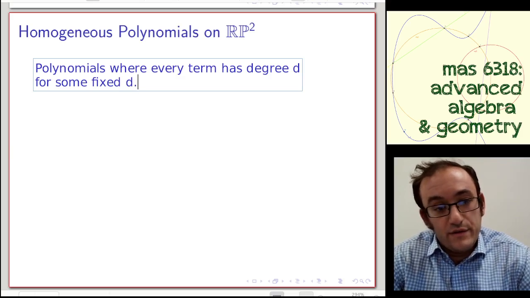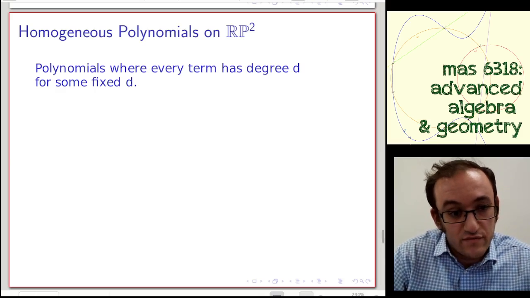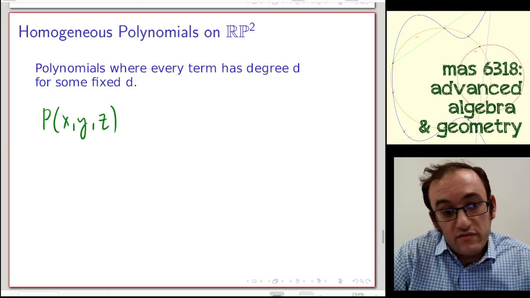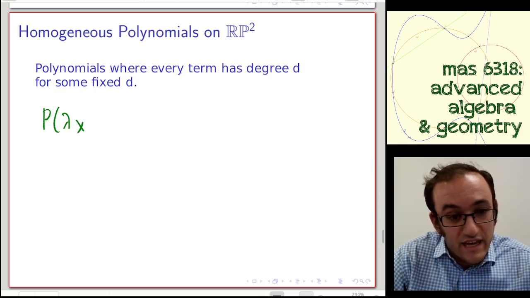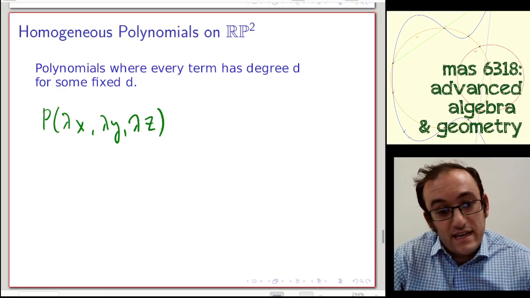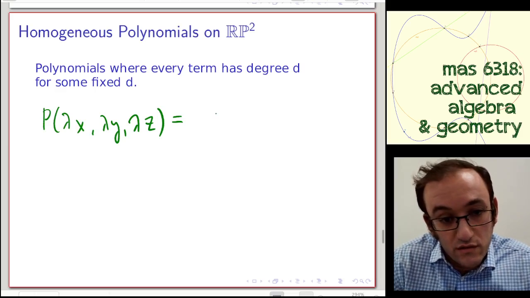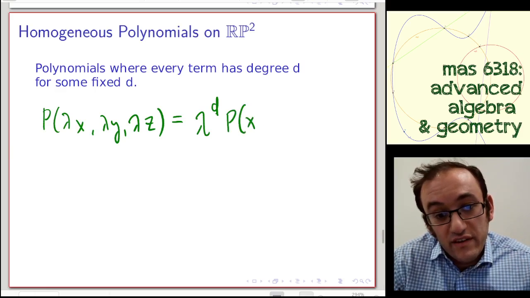So let's say that's true of some polynomial p, then p of x, y, z, well, if we plug in lambda x, lambda y, lambda z here instead, then that's going to be equal to lambda to the d times the value of p of x, y, z.